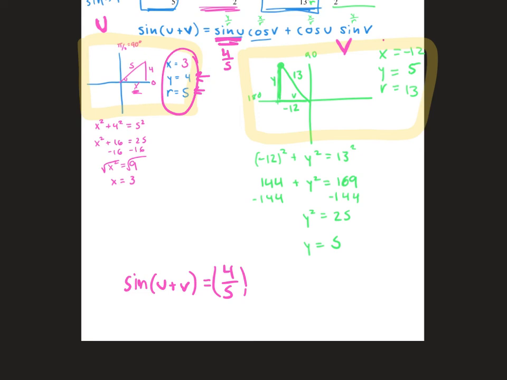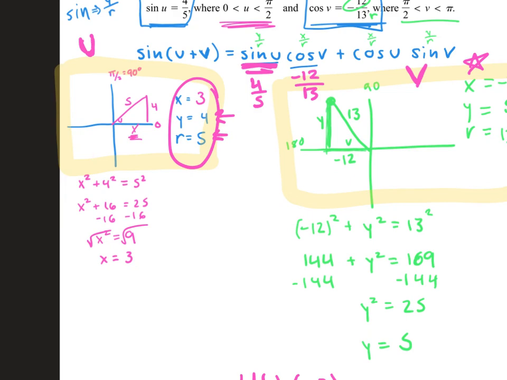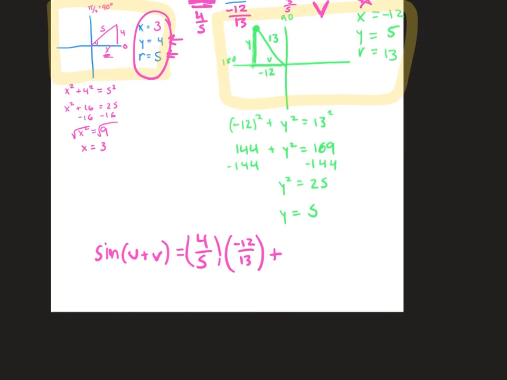Cosine of v means that we look at the green part over here. Cosine is x over r, so what's our x? Negative 12, and what's our r? 13. So we have negative 12 over 13 plus cosine of u now. So we go back to our u triangle, the pink one. Cosine is x over r, so what's our x? 3. And what's our r? 5, so we have 3 over 5.